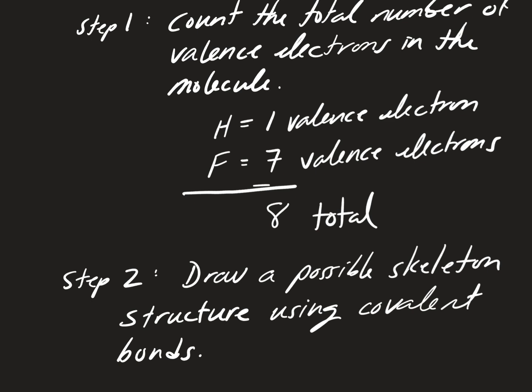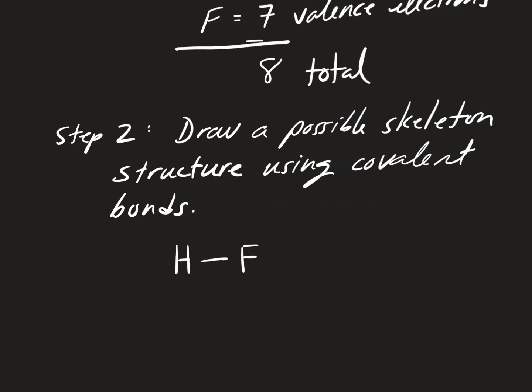The next step is to draw a possible skeleton structure using covalent bonds. I'll show you what I mean by a skeleton structure. Okay, so this is a skeleton structure. This is just about the only thing that you could do, really, is draw a chemical bond, which is this line. This is the covalent bond between the hydrogen atom and the fluorine atom.